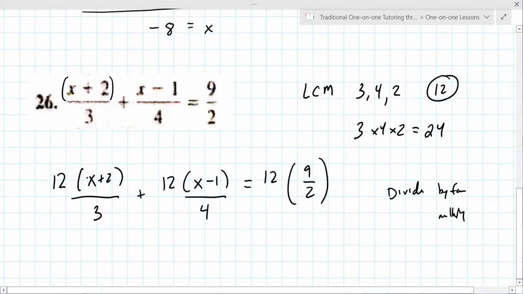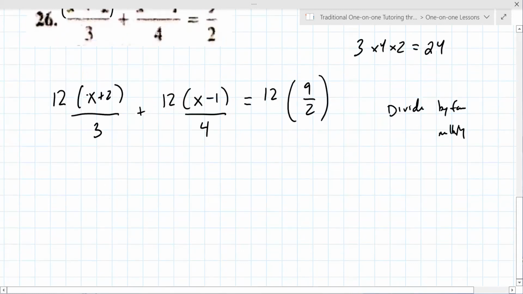Now, do you want to try solving it from here, or do you want to see me work out the rest of this? I think I can solve it.